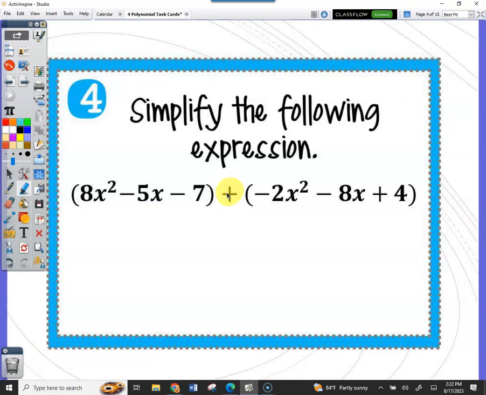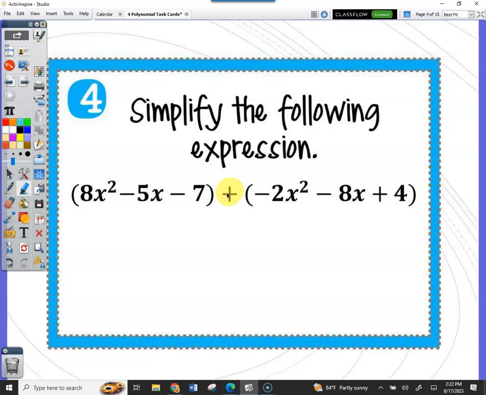Look in between the parentheses. If there's something there, then you're doing that. If there's nothing there, it's multiply, right? If it's parenthesis backed up to parenthesis, that is a multiply problem. You with me? Yes? So this is just straight addition.